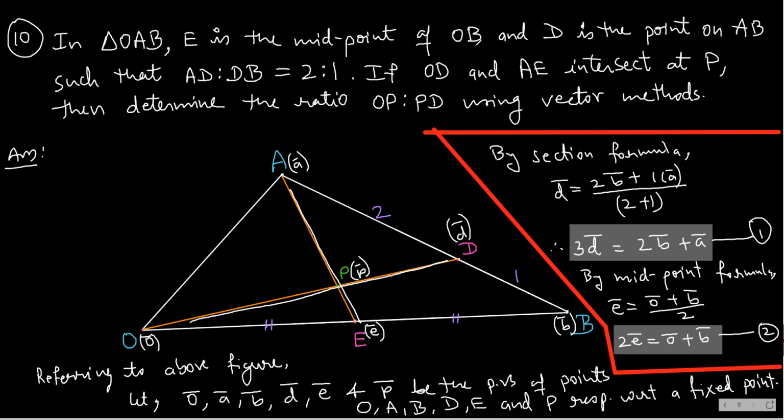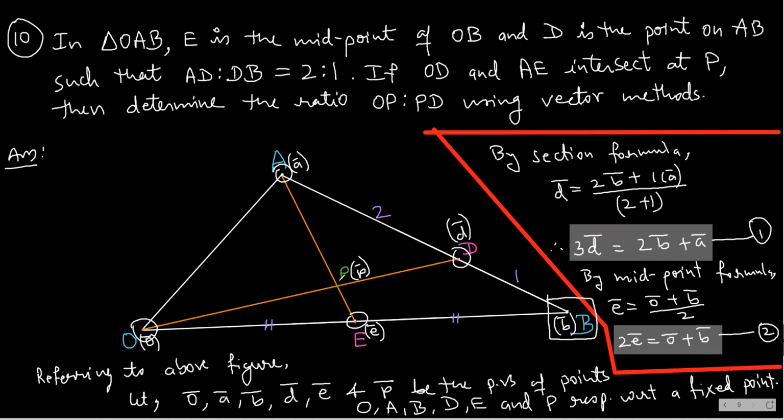So if somehow I end up getting a relation between A, E, D, O, the chances of getting P is high. What I'm saying is, if I get a relation between A, E, O, D, then I will be getting the idea about P. So knowing this, I understand that the only point which is left out is point B.